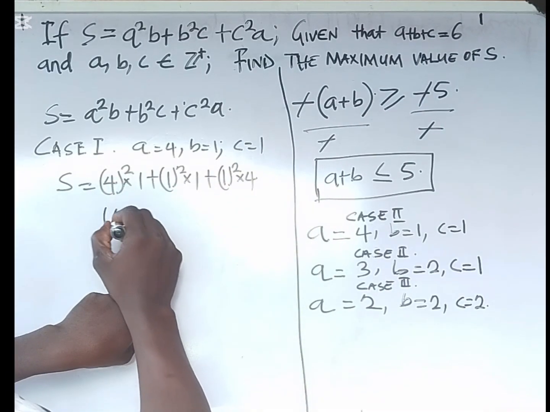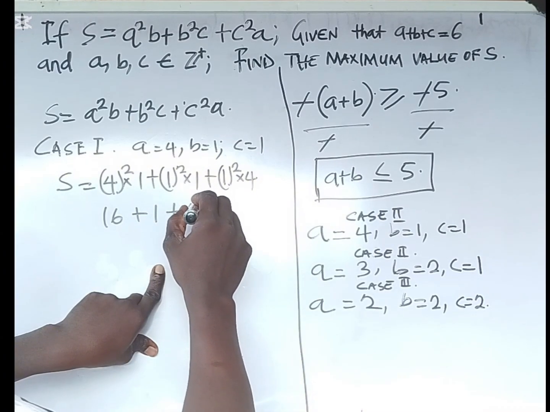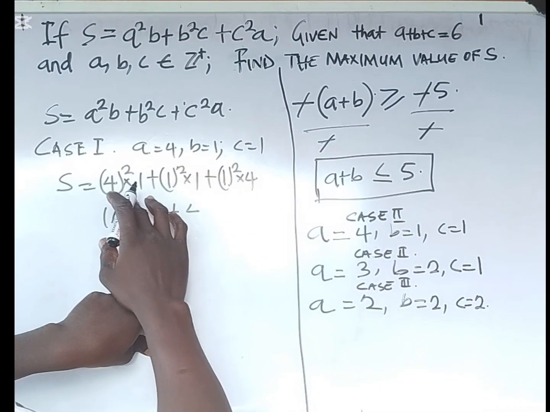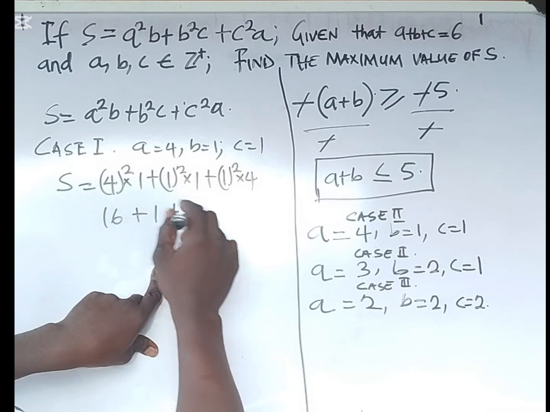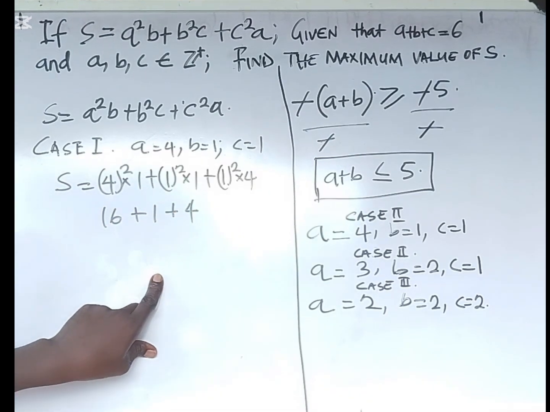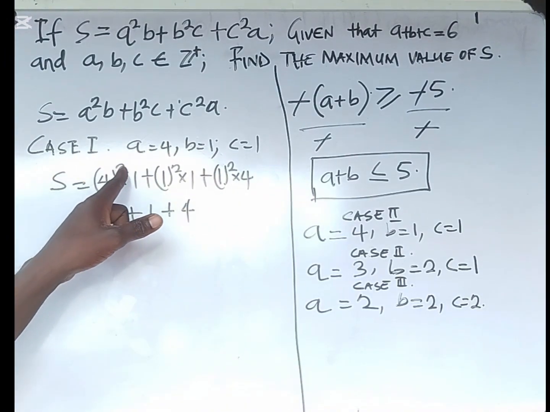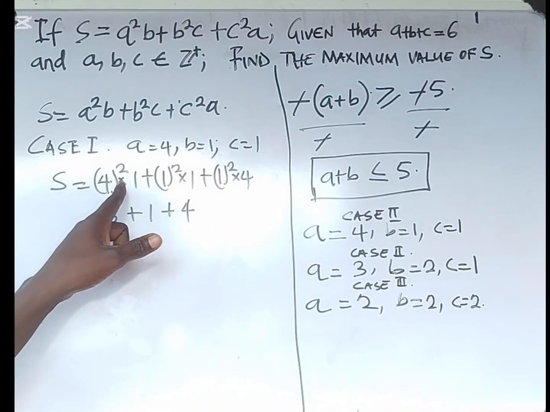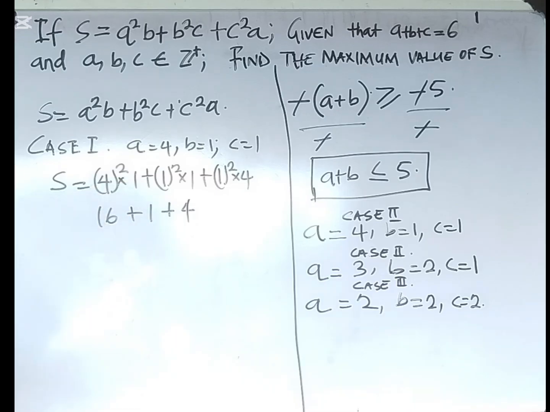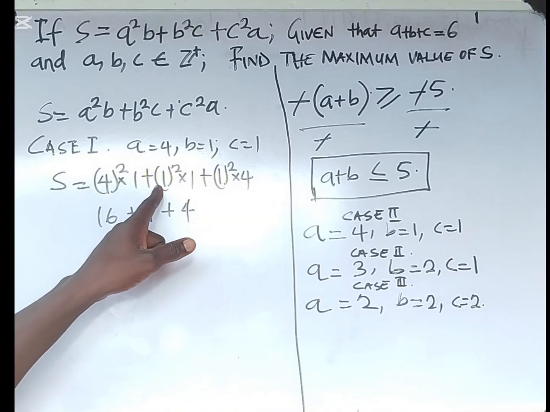This is 16 plus 1 plus 4. Because 4 raised to the power of 2 is 16, and 16 times 1 is 16.